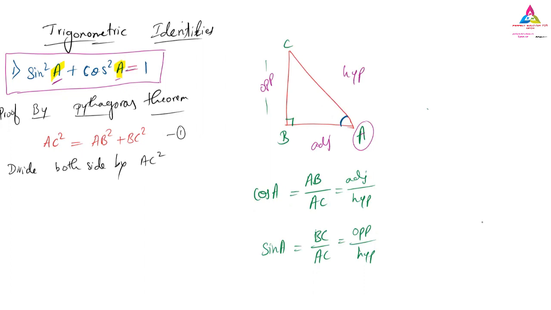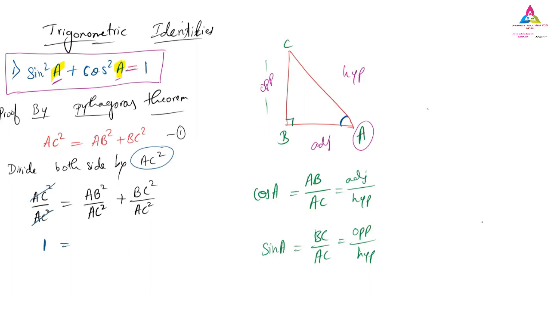So AC square divided by AC square, that is 1. On the other side, I write AB divided by AC, squared, and next also the same square, BC divided by AC, squared. I have divided not by AC but by AC square. Now this AC square gets cancelled, and 1 will remain.